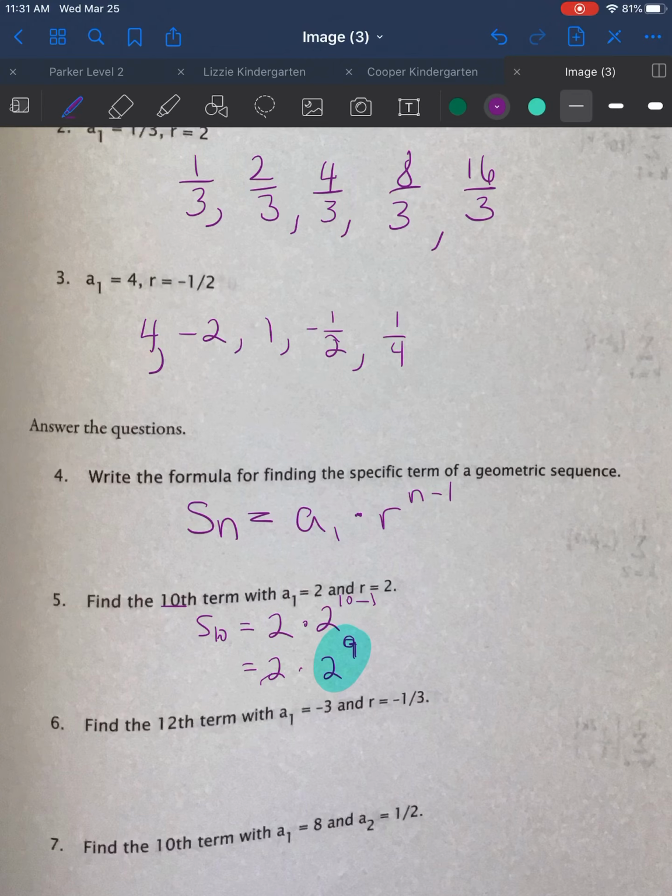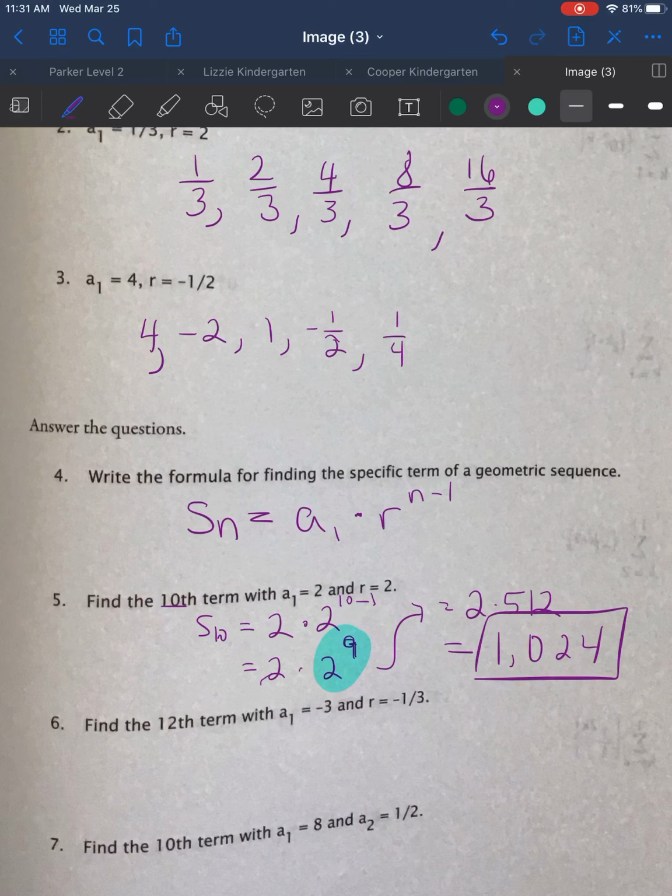So that being said, 2 to the 9th power is 512. So now we have 2 times 512. When we multiply those together, we get 1024. Okay, and that would be your final answer. So the 10th term in that sequence would be 1024.